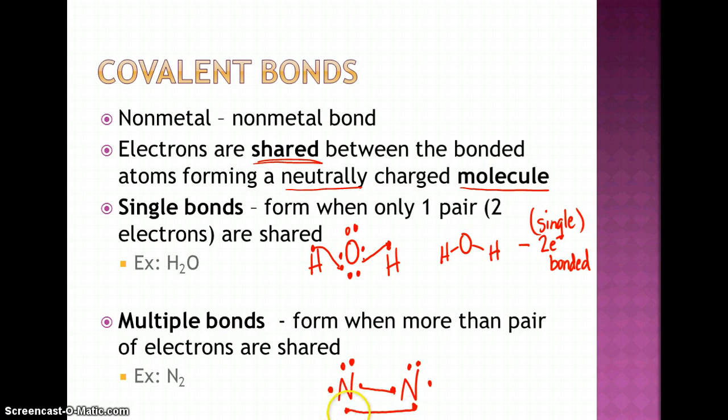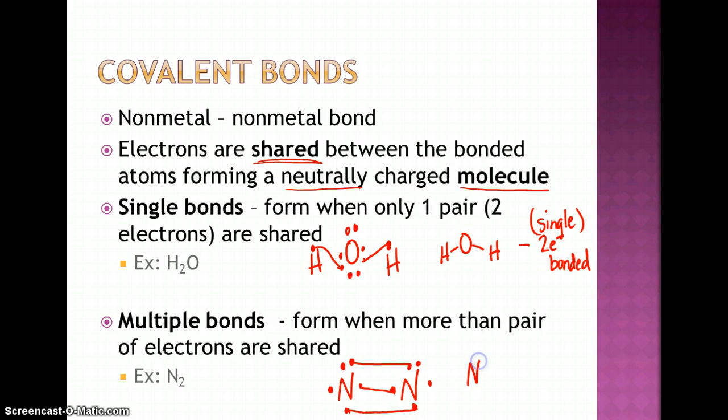So now if I count them, I have 1, 2, 3, 4, 5, 6, 7. Getting closer. Take another pair and connect them together. So now let's count. We have 1, 2, 3, 4, because they're being shared, 5, 6, 7, 8. Wow, that took a lot of bonding to put two little nitrogen atoms together.